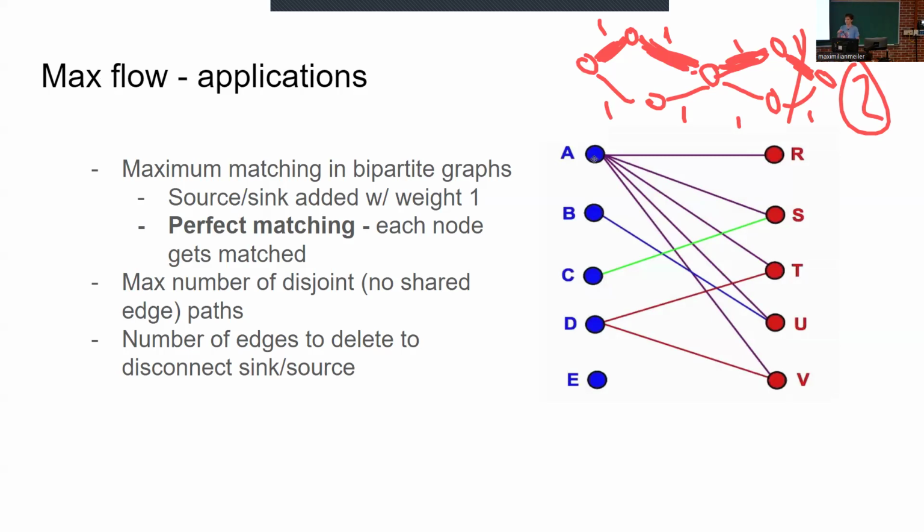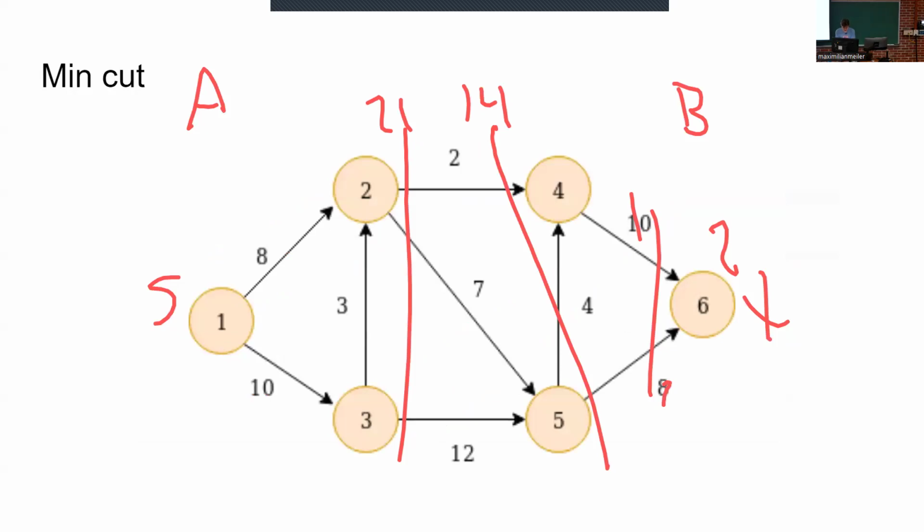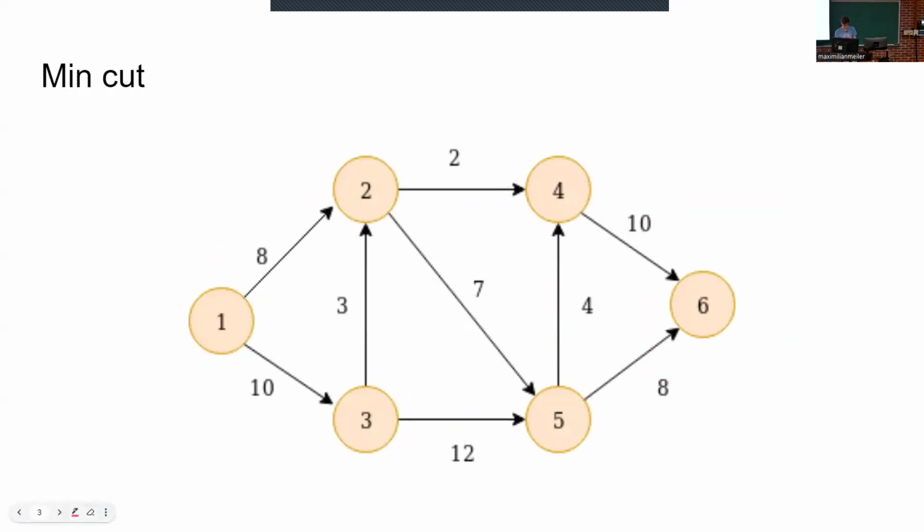So you asked again, how do you find the no shared edges? Say you have a graph like this one, and they give you this graph without edge weights.